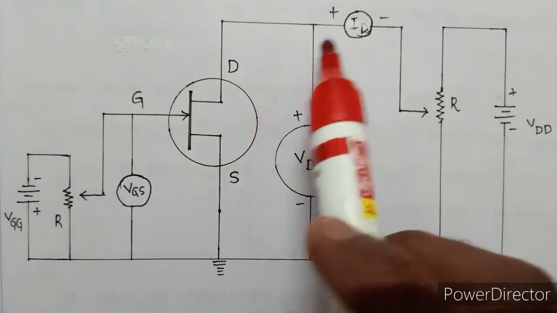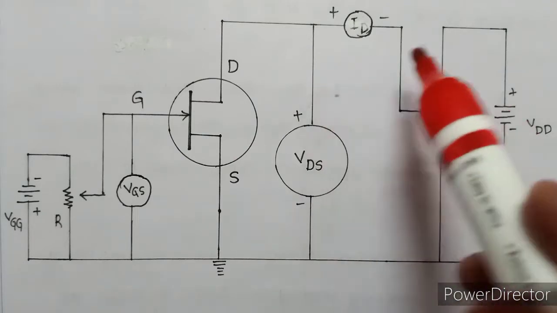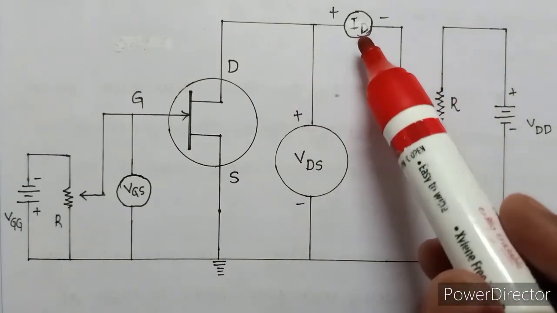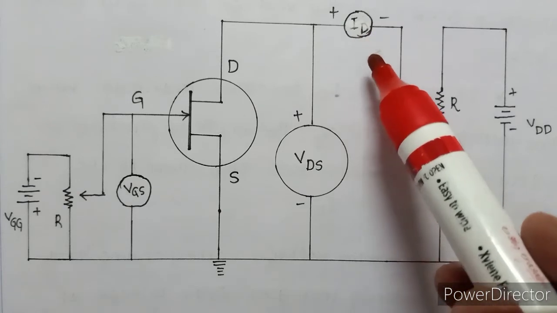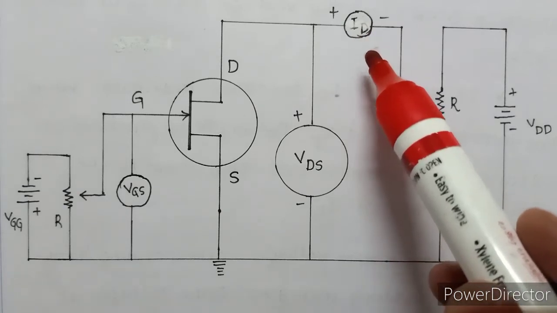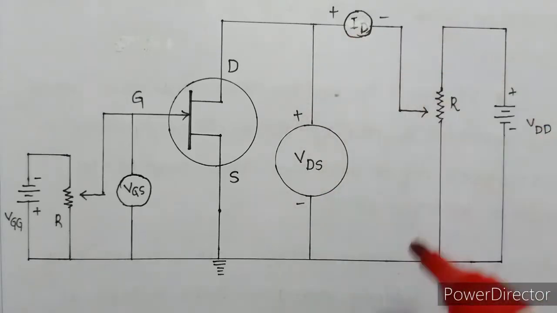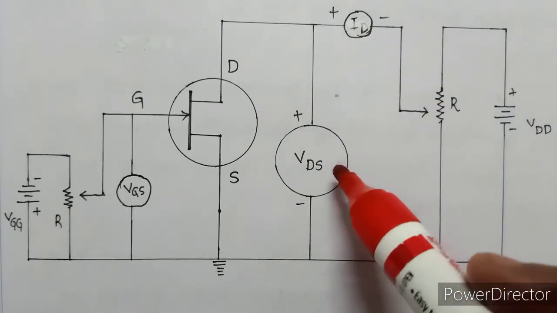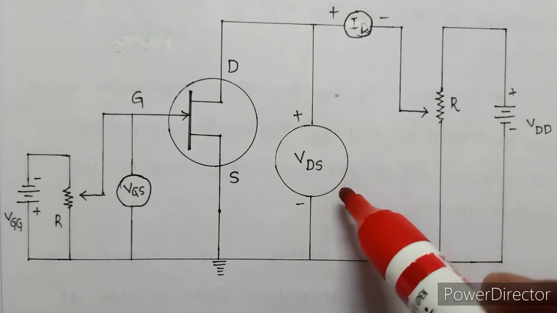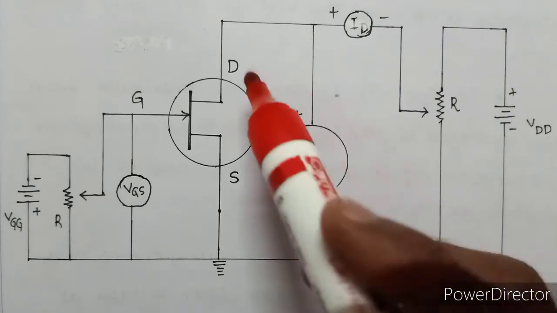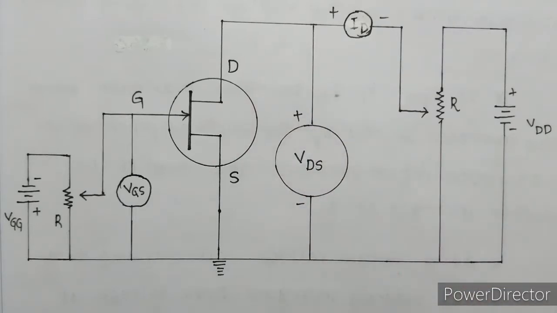Between the drain and source we connected the ammeter. We read the readings of how much current flows in this circuit. This is also another voltmeter. This voltmeter is the connection between source and drain. This is the experimental arrangement.